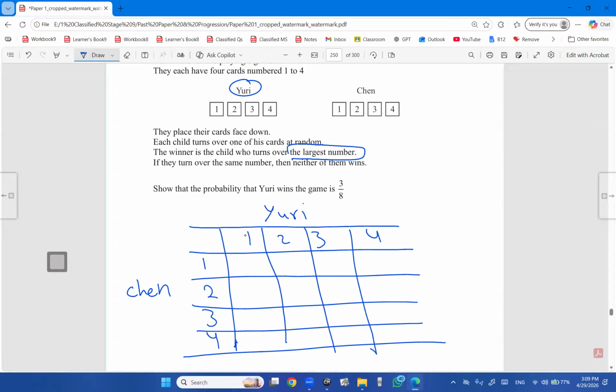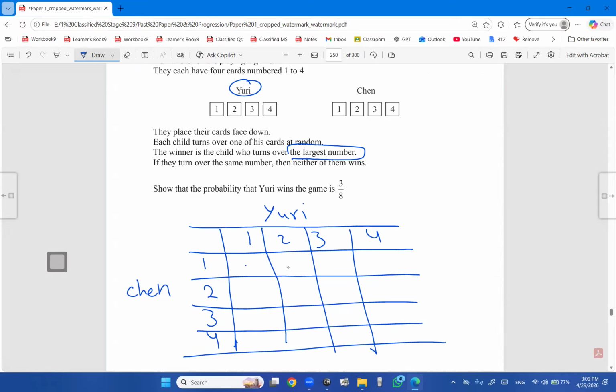If Yuri gets a 1, he's never going to win. If Chen gets 1 in this case, none of them wins. Chen gets 2, Yuri will lose. 3, Yuri will lose. 4, Yuri will lose. So Yuri will never win if he gets a 1.